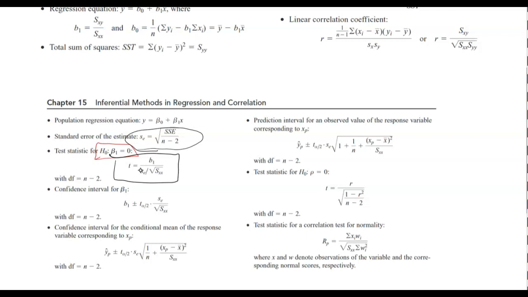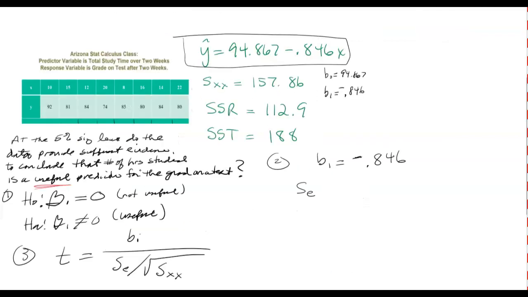So the formula for that is the square root of SSE over n minus 2. And because this is a problem we've already worked on, you are not going to have to recalculate these for every problem, of course. We can just look back at a past problem to get our SSE.